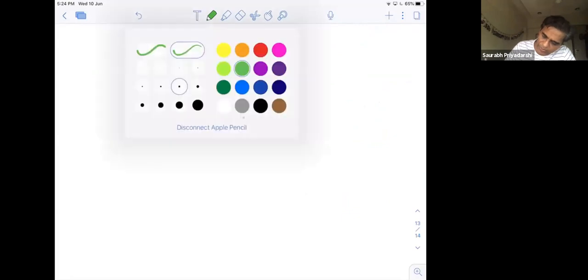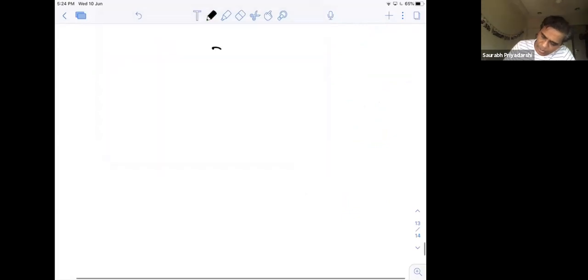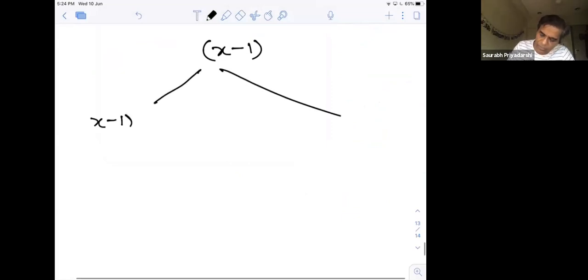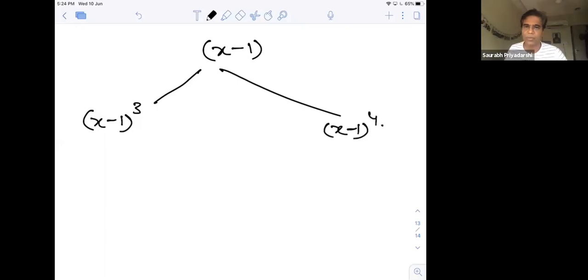So let's suppose I'm taking a number x minus 1, right? First time I'm giving this the power odd. Odd means let's say 3, 5, 7, 100, 1, 2001, anything. Second time I'm giving the power even, right?